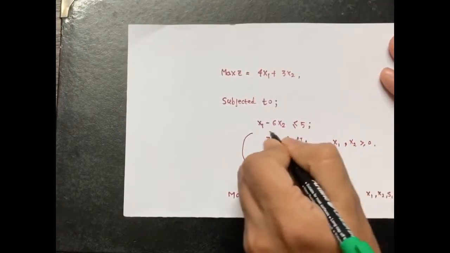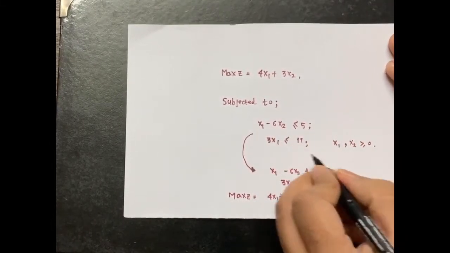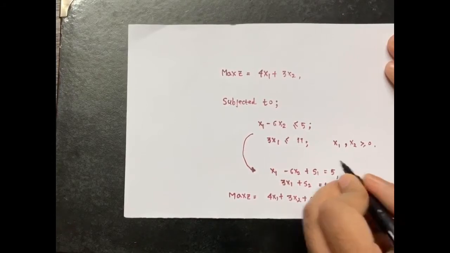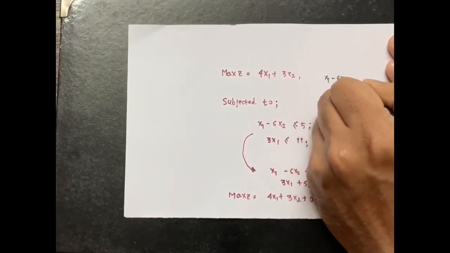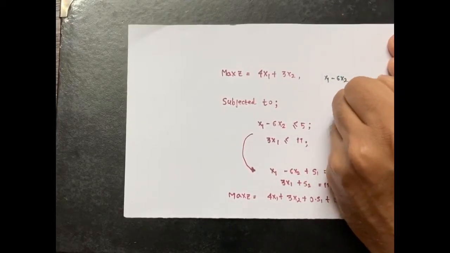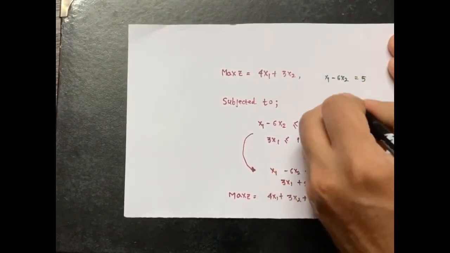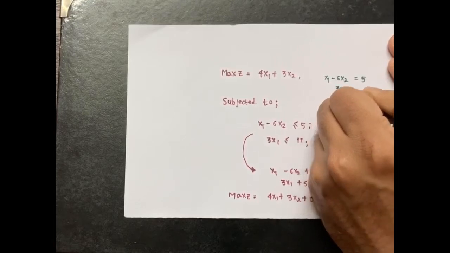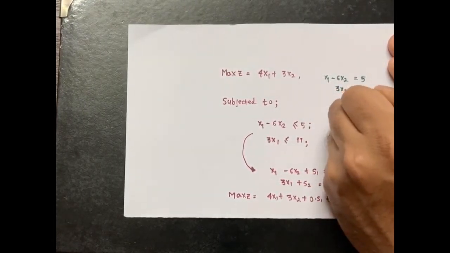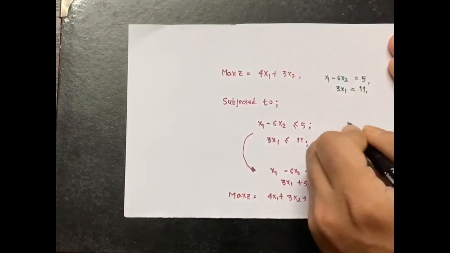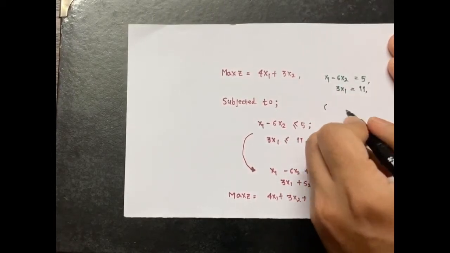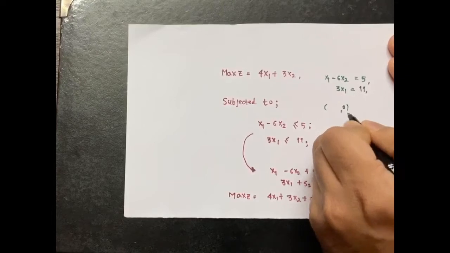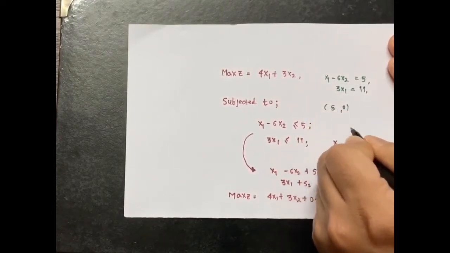So if I write these 2 in inequality form, it will give me x1 minus 6x2 is 5, and 3x1 equals 11. So what are the intercepts? If I take x2 as 0 in this case, it gives me a value of x1 as 5.